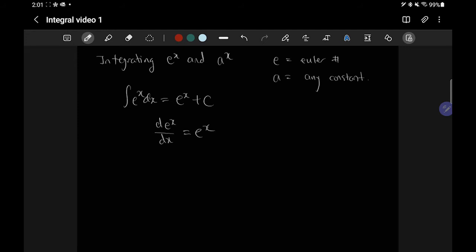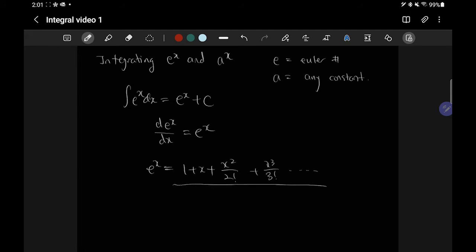Well, to prove the integral of e to the x, you need to first modify e to the x to another function that models e to the x. And one function that represents e to the x is as follows. e to the x equals 1 plus x plus x squared over 2 factorial plus x cubed over 3 factorial, and on and on.